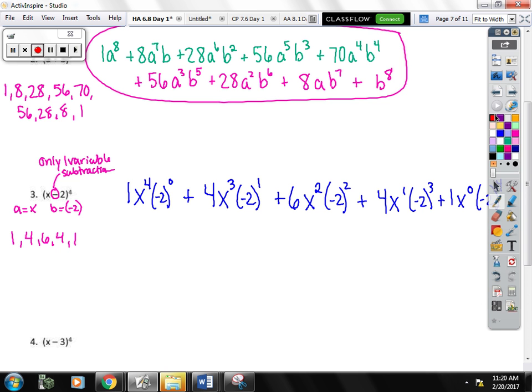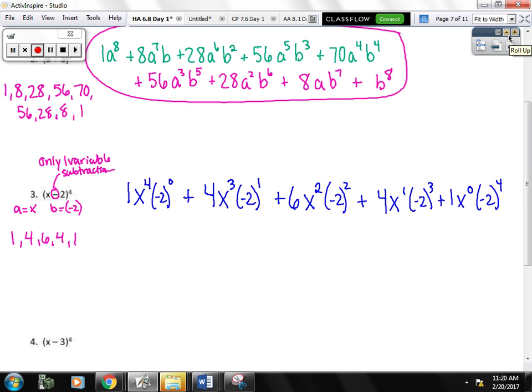Now, what makes this one a little bit harder is you actually need to find the value of each of these exponents before we move on. So -2 to the 0 power, again, is just 1. -2 to the 1st power would be -2. -2 to the 2nd power, -2 times -2, is a positive 4.